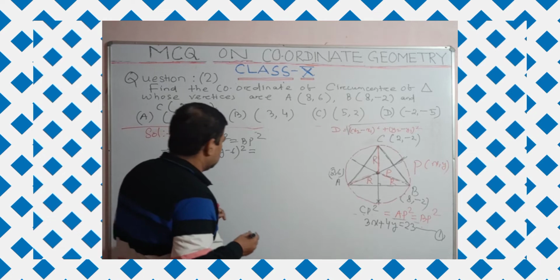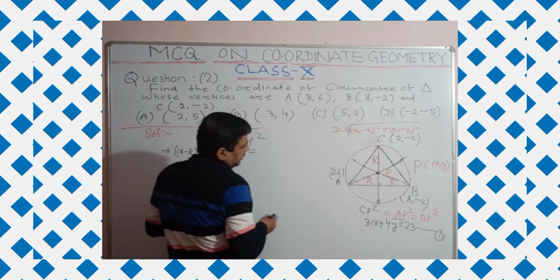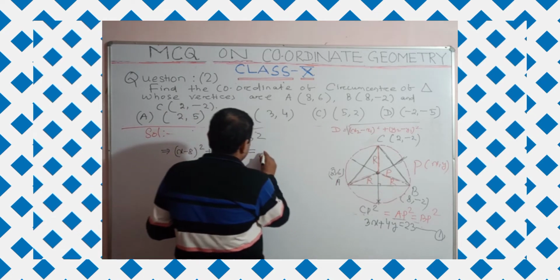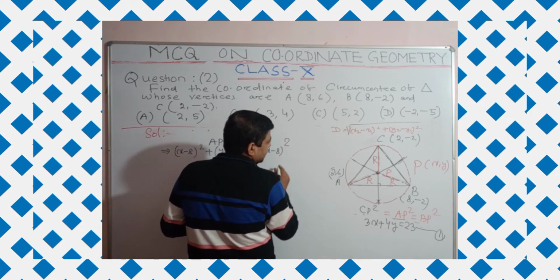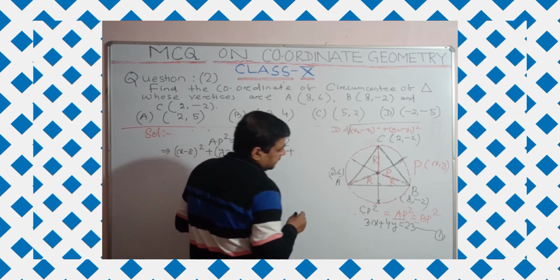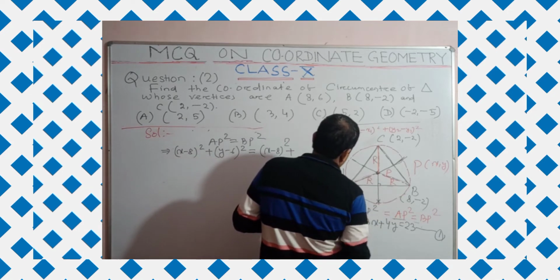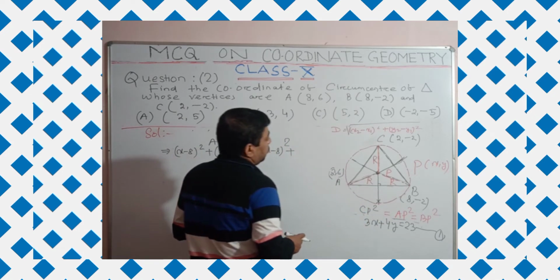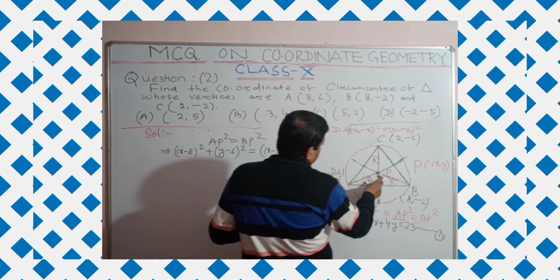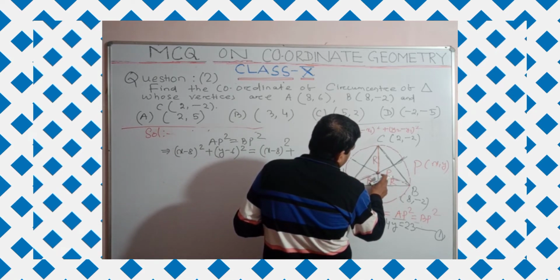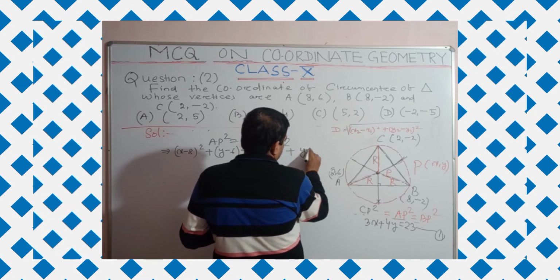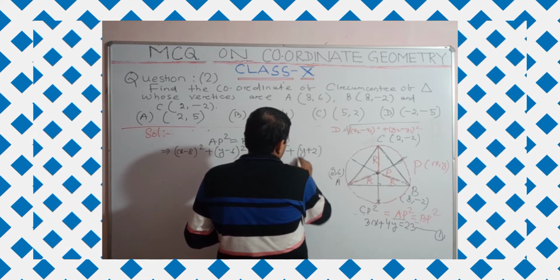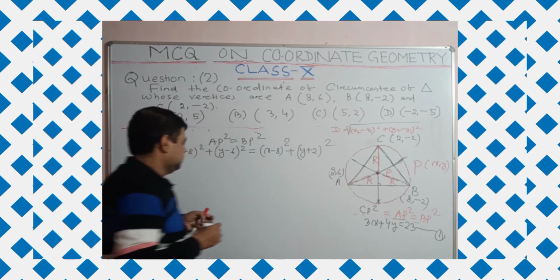And it is equal to BP square, similarly x minus 8 whole square plus y minus minus 2, means y plus 2 whole square. Y plus 2 the whole square. Can you get it or not?